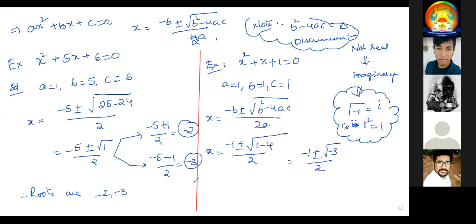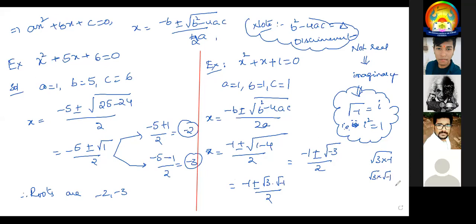Whenever you study the square root definition, the square root is defined only for positive numbers. It is not defined for negatives. But unfortunately, you are getting a square root of a negative number here. That's why we write minus 1 plus or minus root of 3 into minus 1. Minus 3 can be written as 3 into minus 1, so under the square root it can be written as root 3 into root of minus 1, which can be written as i.